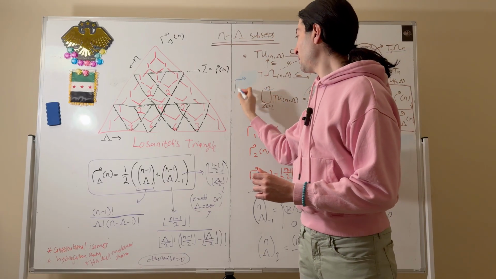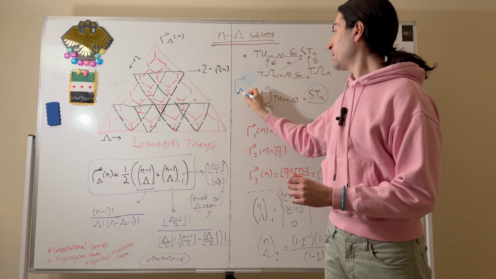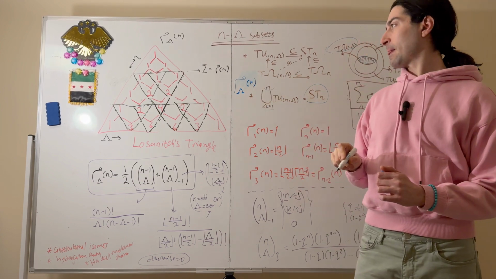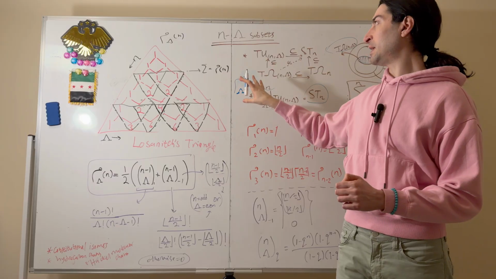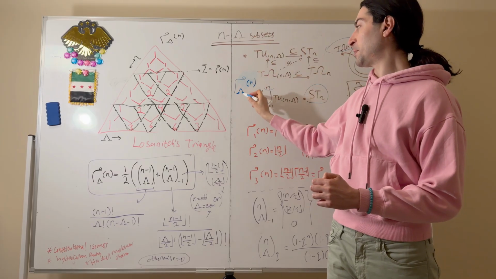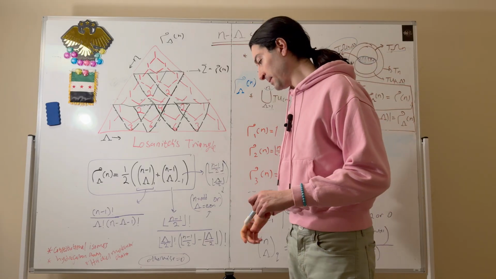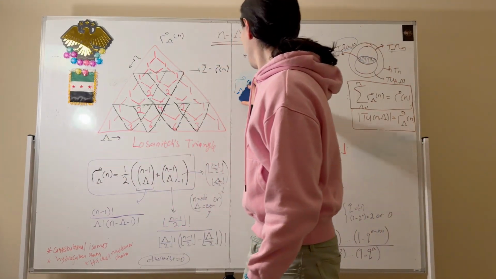We will say mean, and then we will put a lambda here, and then we will say of n. So this means the size of the n lambda subset for a defined n and lambda.